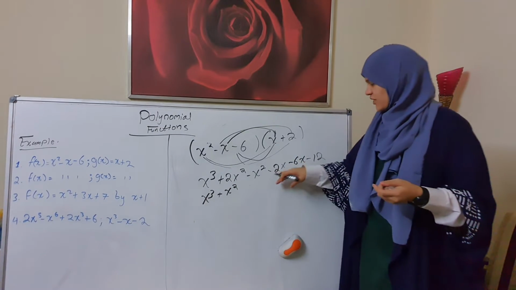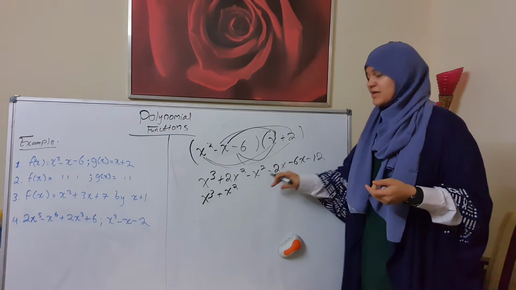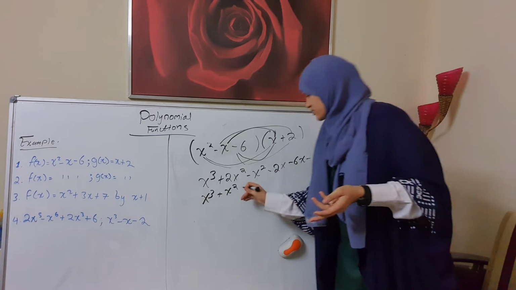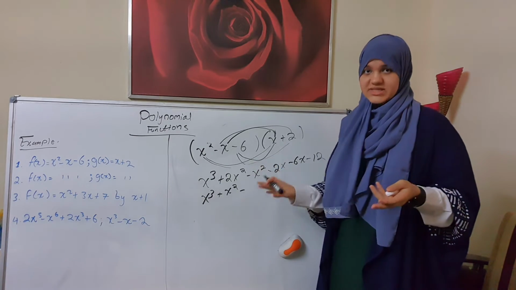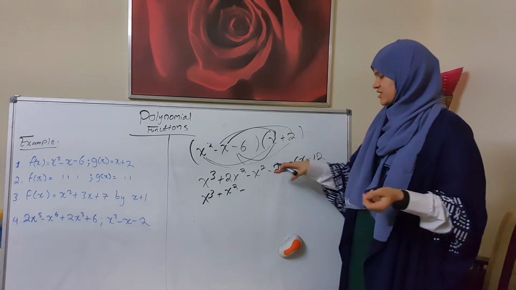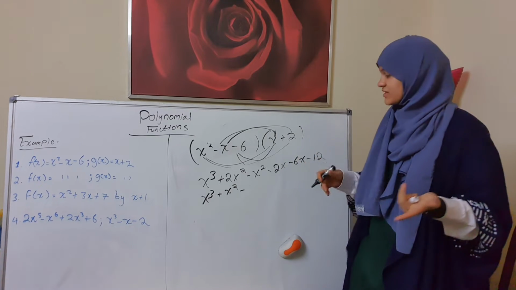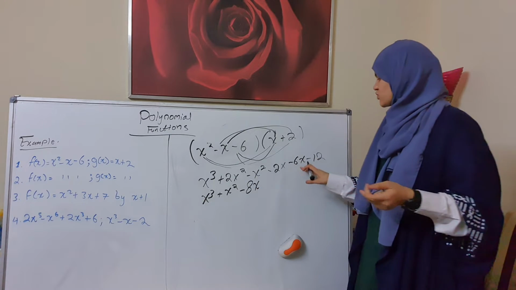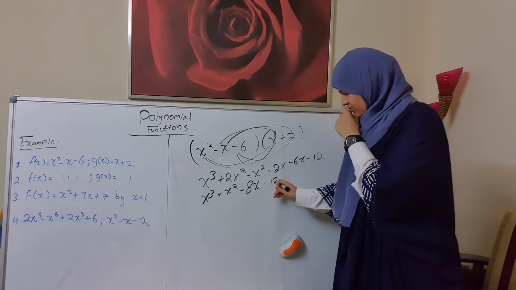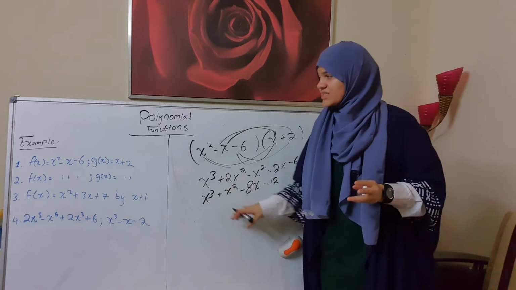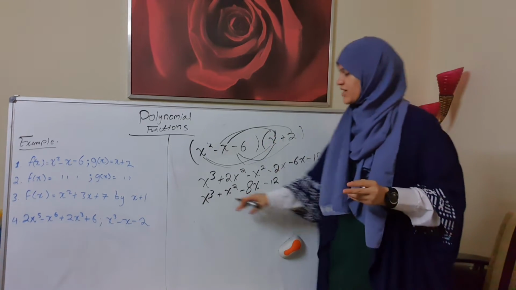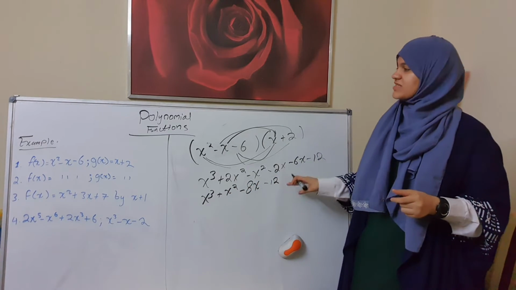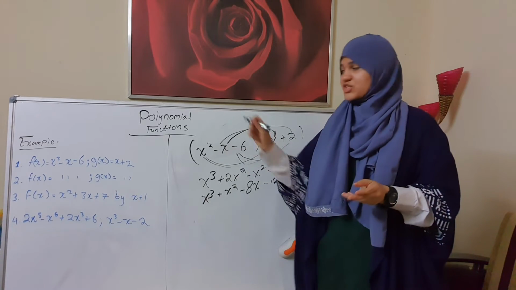Then negative 2x and negative 6x: with the same sign but different numbers, the answer keeps the same sign and we add the numbers, so 2x plus 6x is 8x. Then we have negative 12. So the final answer is x cubed plus x squared minus 8x minus 12. This is the correct answer for question number 1.